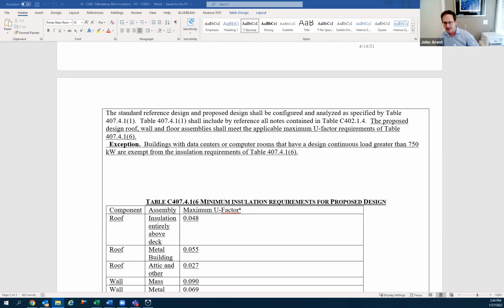I think we could certainly accommodate that. So we're really looking at, not necessarily the small server room in an office building, but the larger data centers that are 20 to 100 to 200 watts per square foot of internal load.